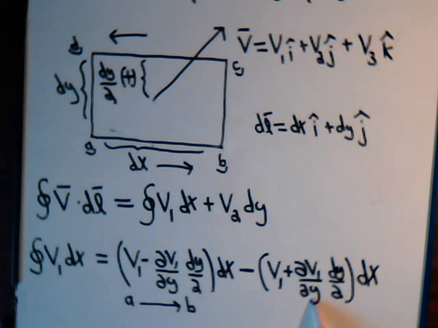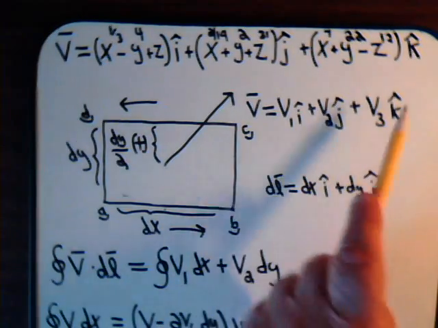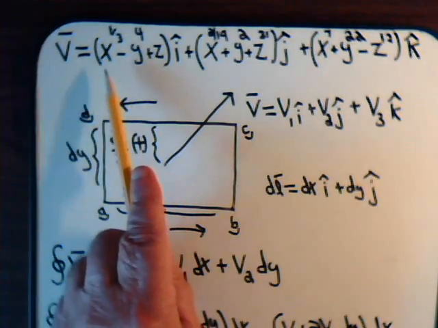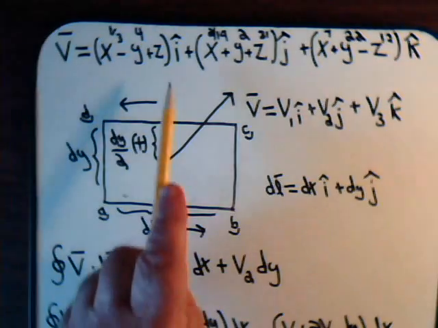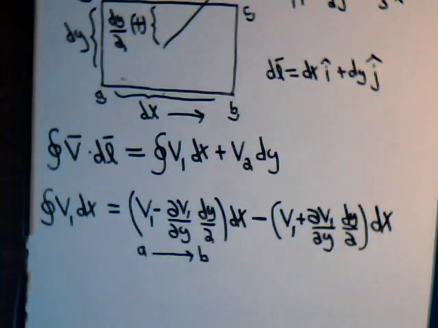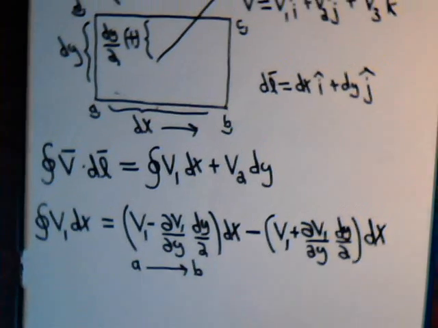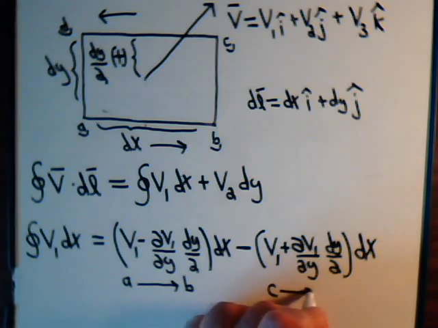That tells us how V1 changes with respect to y, times the amount of change of y. And again, these are necessary because all the components of the vector, the i, j, and k components, can be dependent upon x, y, and z. So if we change this in the y direction, it's going to change our V1. So this is now going from C to D along this infinitesimal path.